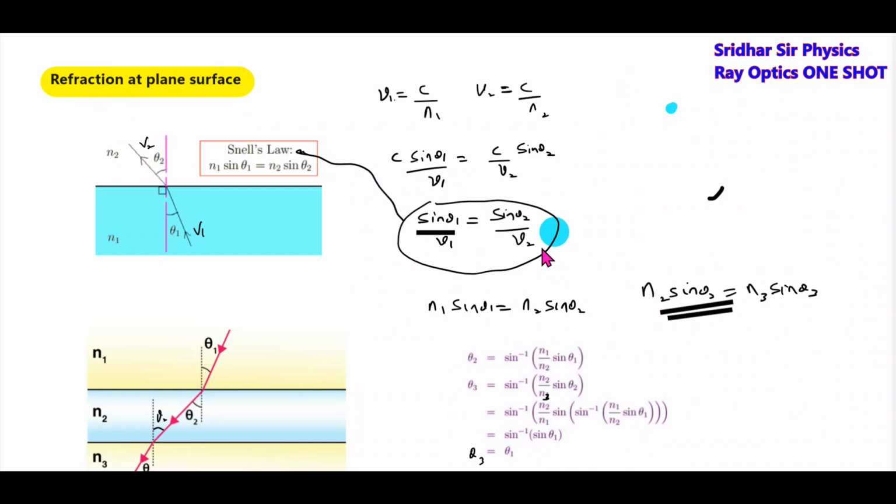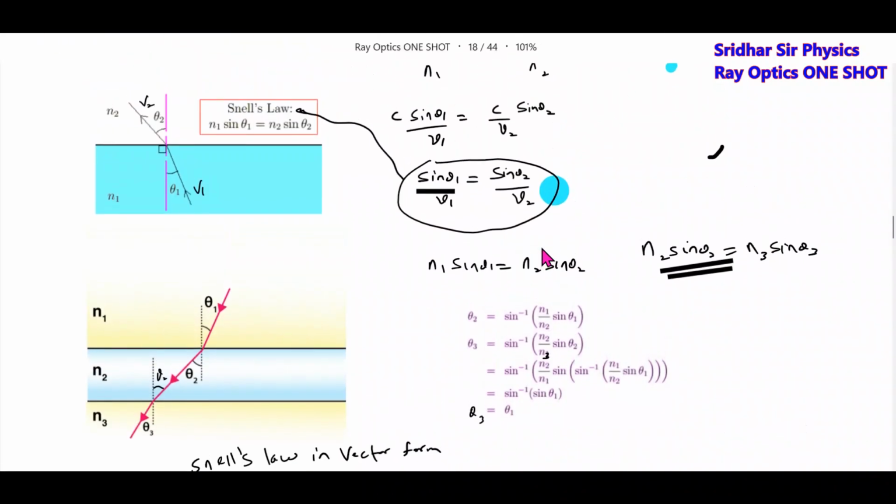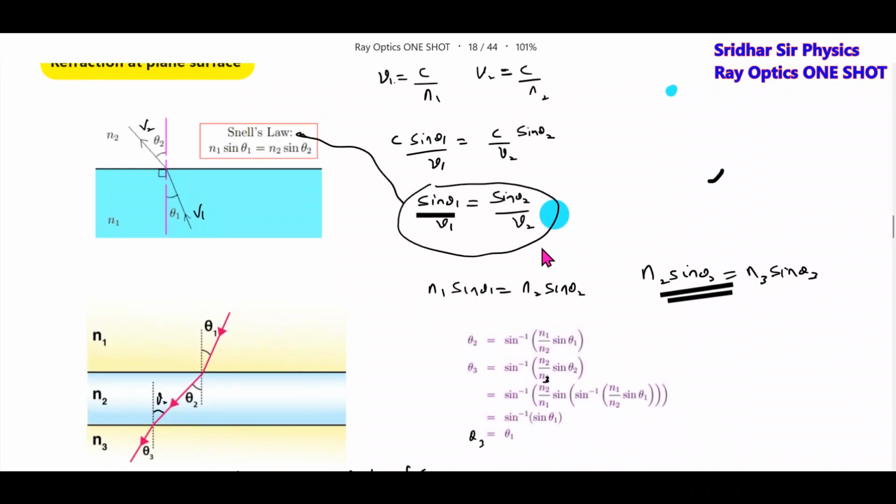If there are multiple mediums, like I have here, this is the boundary, this is the normal, this is the angle of incidence. The ray is incident, it will bend, since it is moving from rarer to denser. Then theta 2 will be the angle of refraction. Again it encounters one more boundary.